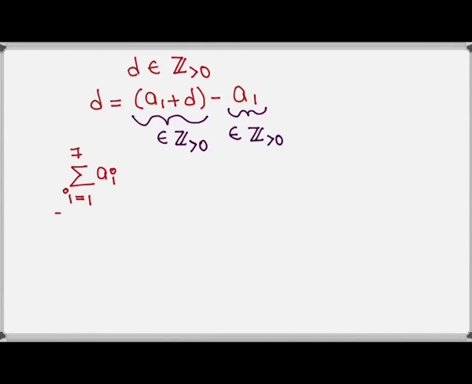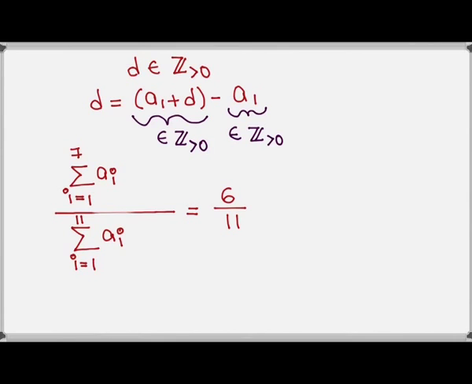Alright, in the question we are also given that sum over I running from 1 to up to 7, AI divided by sum over I running from 1 to up to 11, AI is equal to 6 by 11.